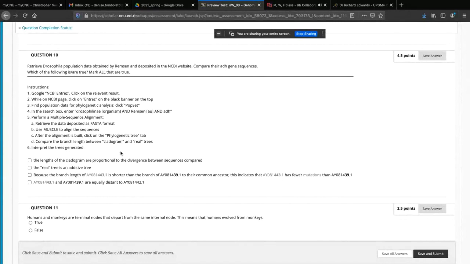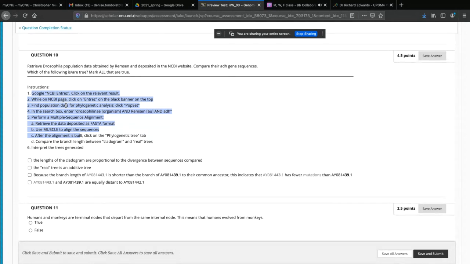Okay, so for question 10, what I want you to do is to be able to interpret a phylogenetic tree that you are going to construct by using the instructions that I provided here. I just took some population data that I found, and I wanted you to see how you can retrieve that.